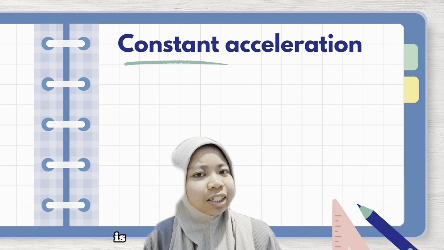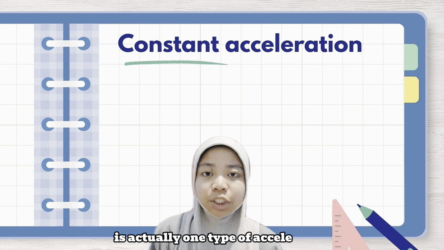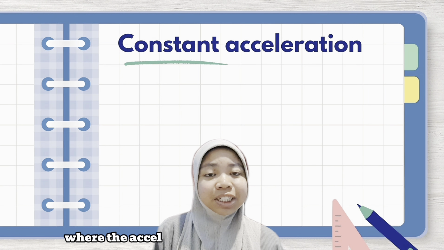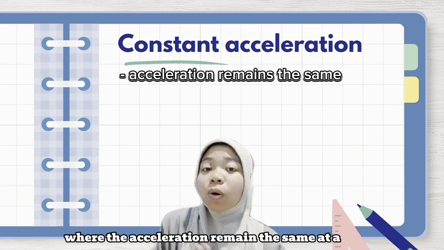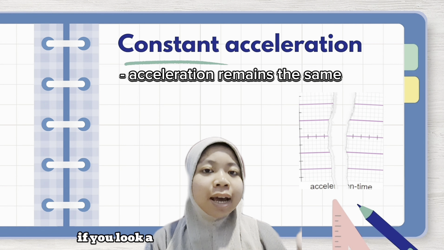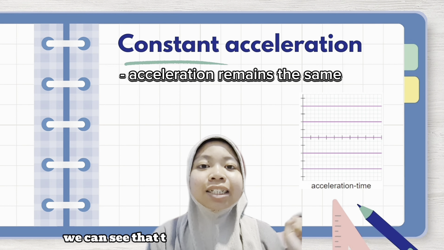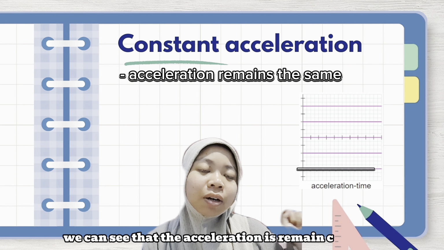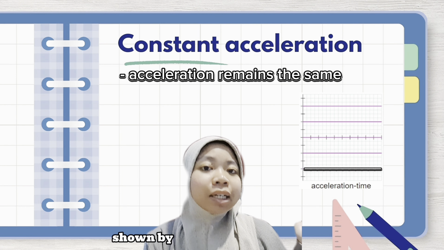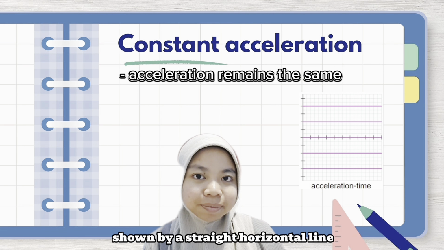Now, let's move to constant acceleration. Constant acceleration is one type of acceleration where the acceleration remains the same at all times. If you look at this acceleration over time graph, we can see that the acceleration remains constant, shown by a straight horizontal line.